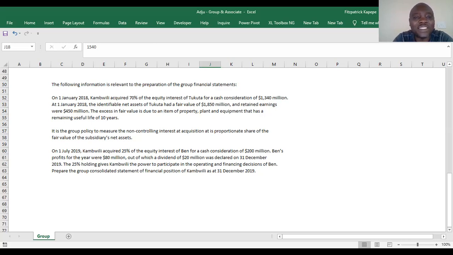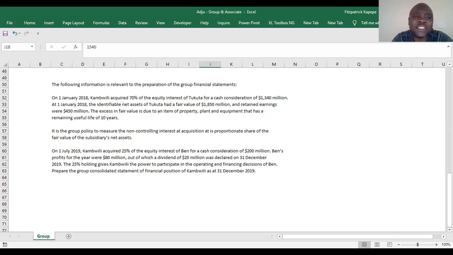But because it's property, plant and equipment that has been given an economic useful life, it is our responsibility to compute a depreciation. So every note in the exam question has a bearing on how you treat it.